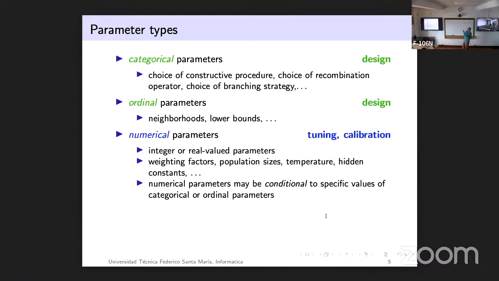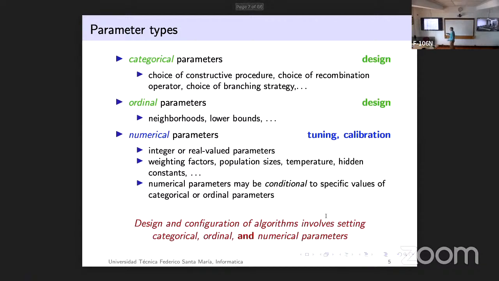So it's not 100%, but 95% or something like this. And what we have to do now is design and configure algorithms, and this involves setting the categorical, the ordinal, and the numerical parameters. And only if you do all this, we do automatic design of algorithms.